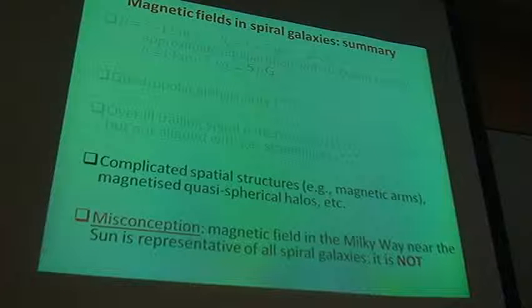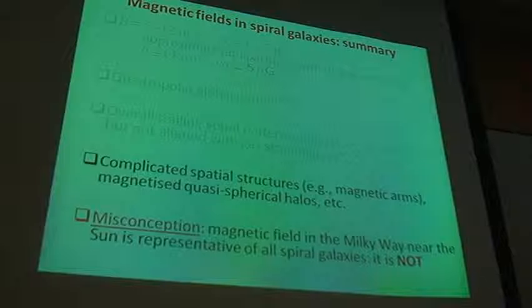And there is a widespread misconception. Very often, in say 95% of cases, people take the results obtained either from theories or from observations for the solar vicinity of the Milky Way, and then start believing that they apply to all galaxies. For example, the magnetic field near the sun, the large-scale magnetic field, has the strength of 1 to 2 microgauss.